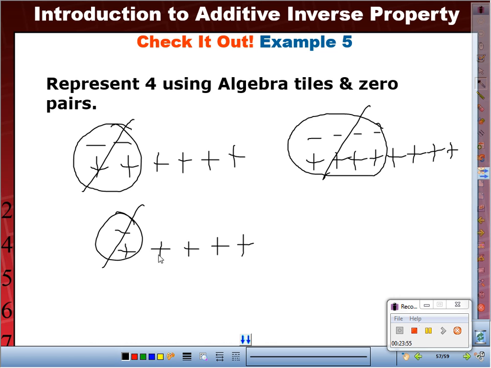So think about this question. Since all of these are representing 4, what is it that doesn't really matter for us to add to the amount? If this is 4, if this is 4, and this is 4, what doesn't really matter? Think about it.